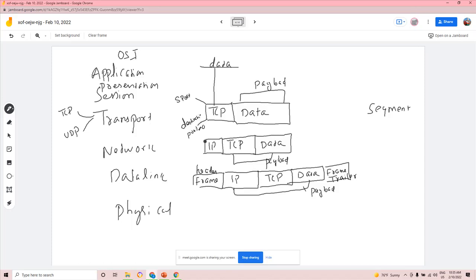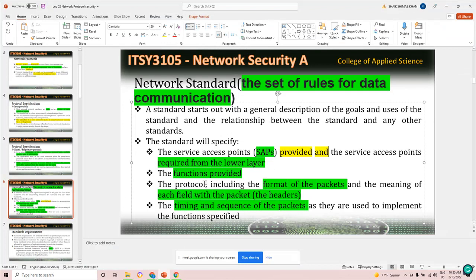In the IP header, you know the source IP address and the destination IP address. In the frame header, the source MAC address and the destination MAC address. So now you can understand.